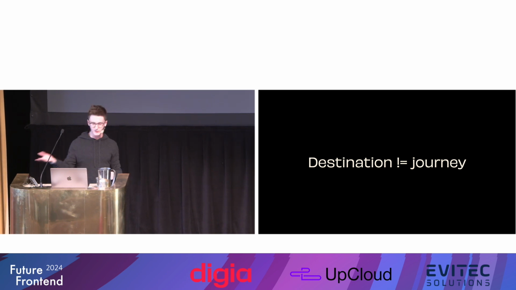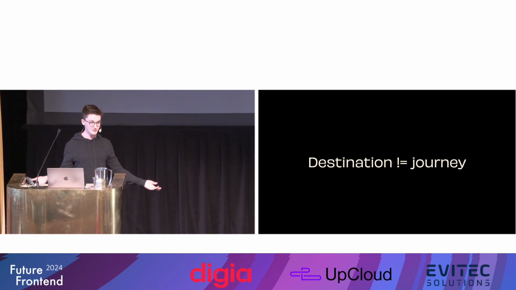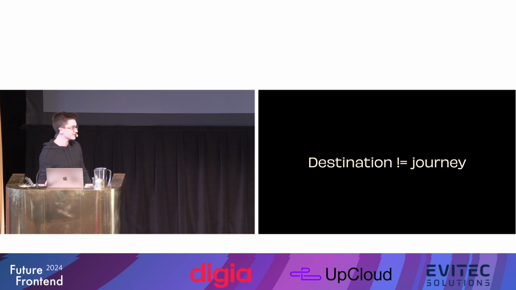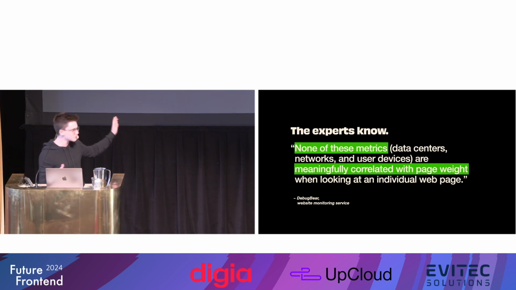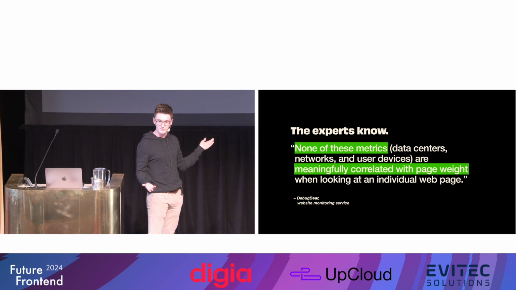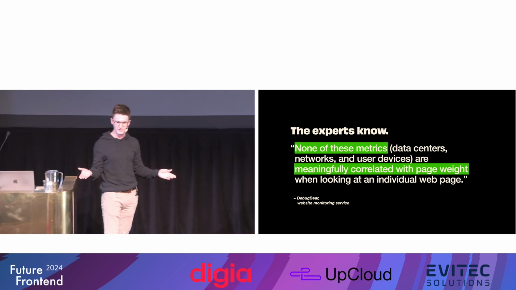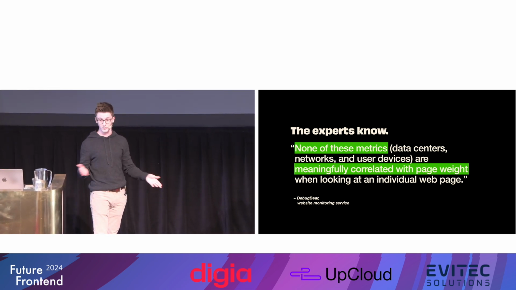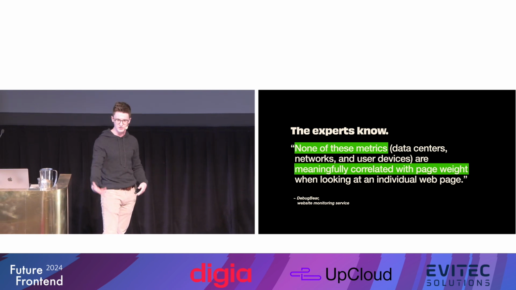All of that can dramatically change the amount of energy usage we use. You know, Jari was talking earlier about how aviation is a major factor as it is for IT. So we know that there's something amiss here. Bytes transfer may not be the best scaling factor. And the experts kind of know this. Debugbear is a web monitoring service that offers a whole lot of calculations, including core web vitals, lighthouse scores, which you might have worked with.